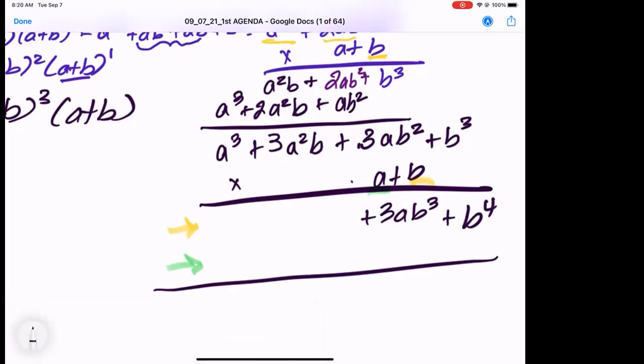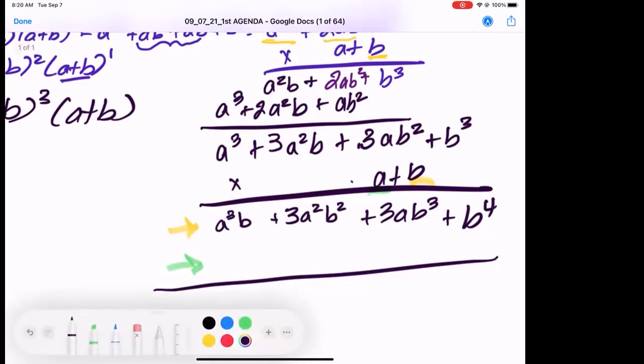Working our way from right to left, 3ab squared times b is going to be 3ab cubed. Then you have 3a squared b times b, and that's going to be 3a squared b squared. Then we have a cubed times b, so that's going to be a cubed b.